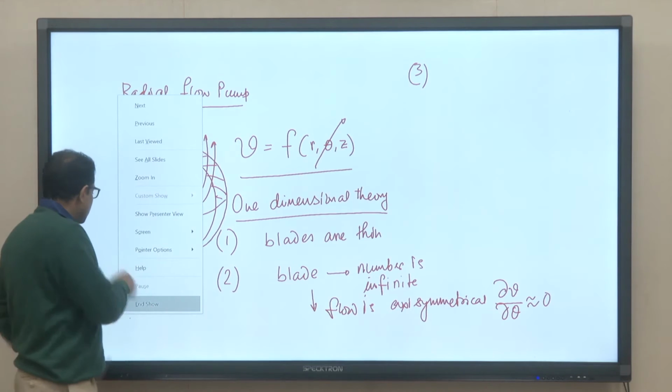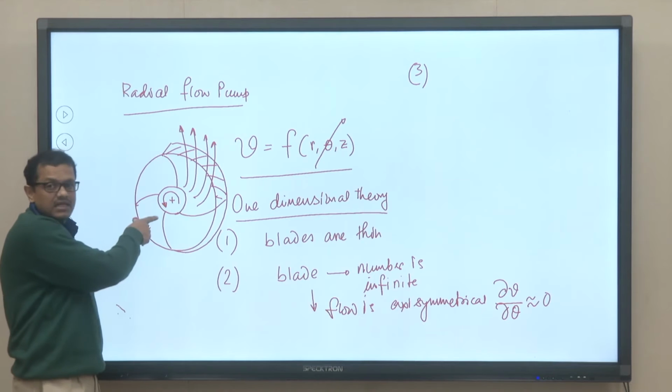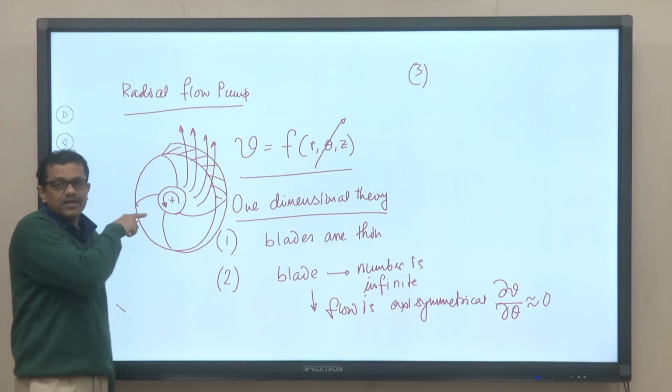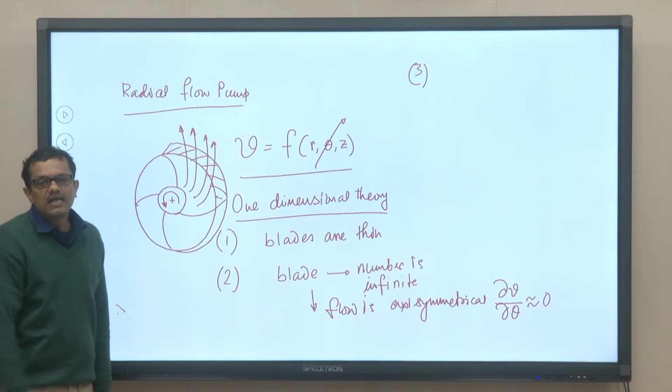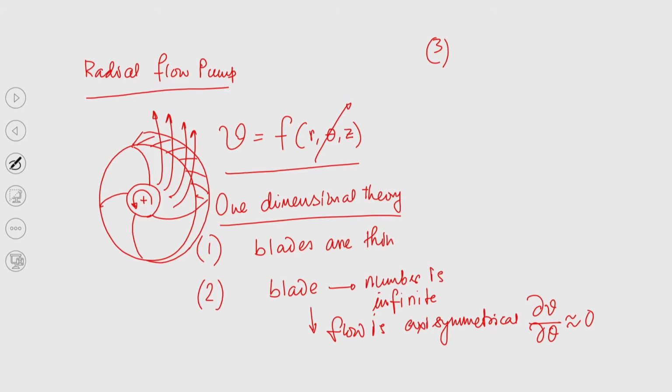So, what we can say from here is that inside the impeller there is a part in which energy conversion takes place, and it is assumed that over the part in which the energy conversion takes place, there is no variation of velocity in the meridional plane. Okay. So, that indicates del v del z equal to 0, right.